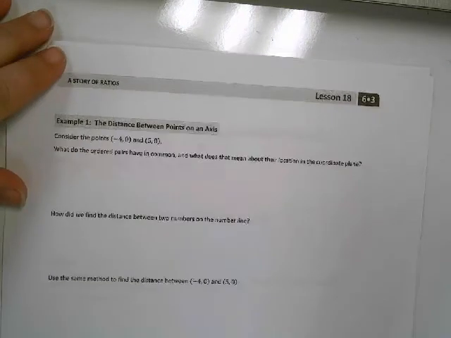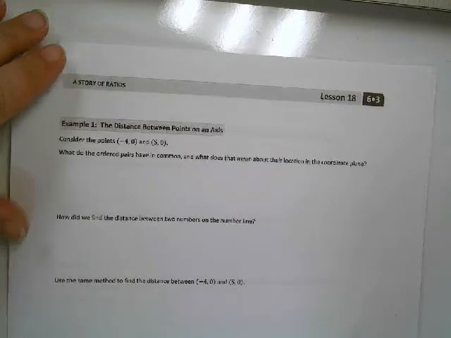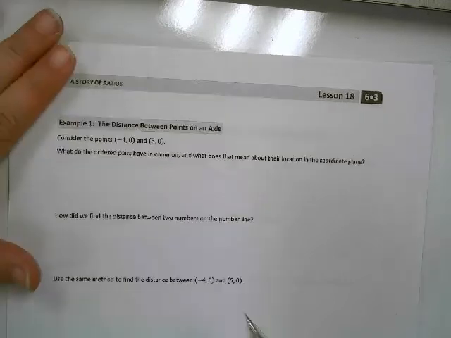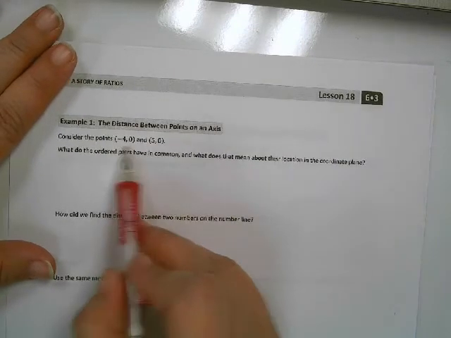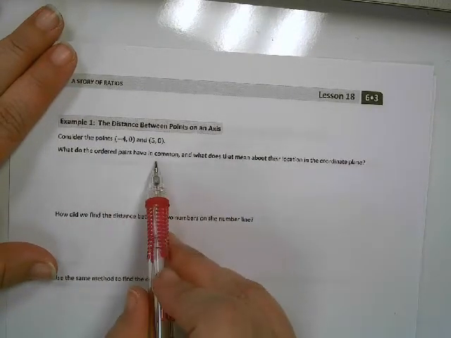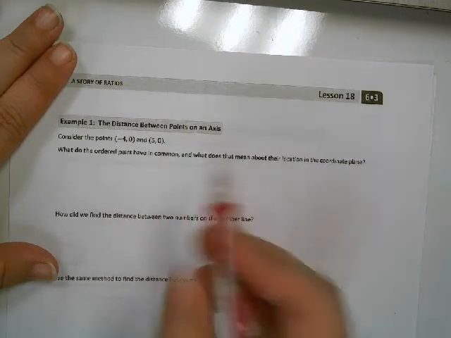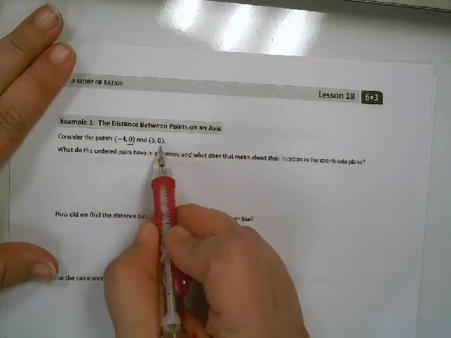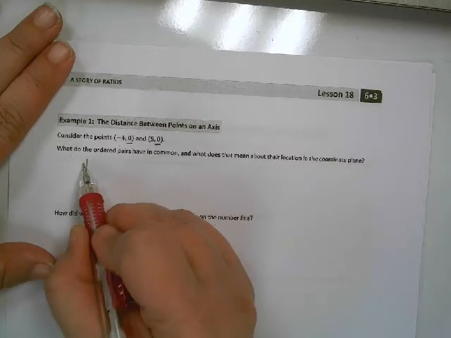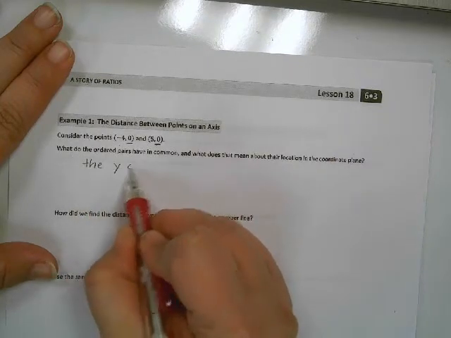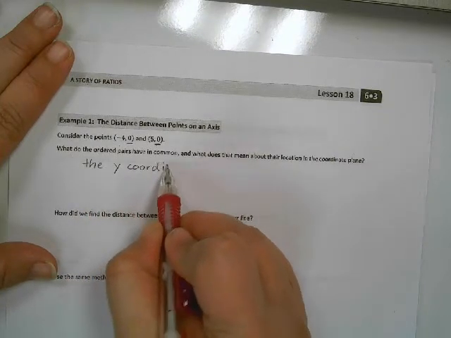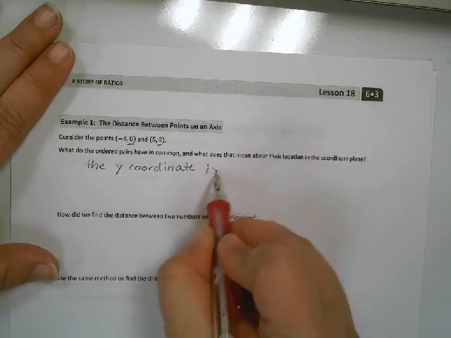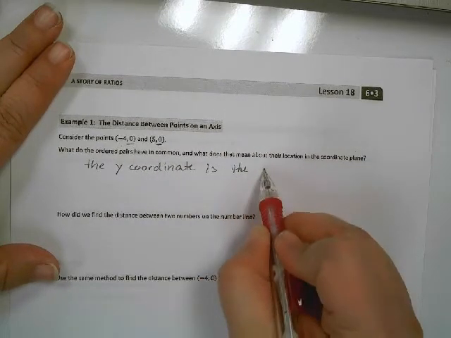So for example 1, we're going to do basically what we did in our notes today. It says, consider these 2 points. What do the ordered pairs have in common? So I can see in these ordered pairs, the y-coordinate is the same.